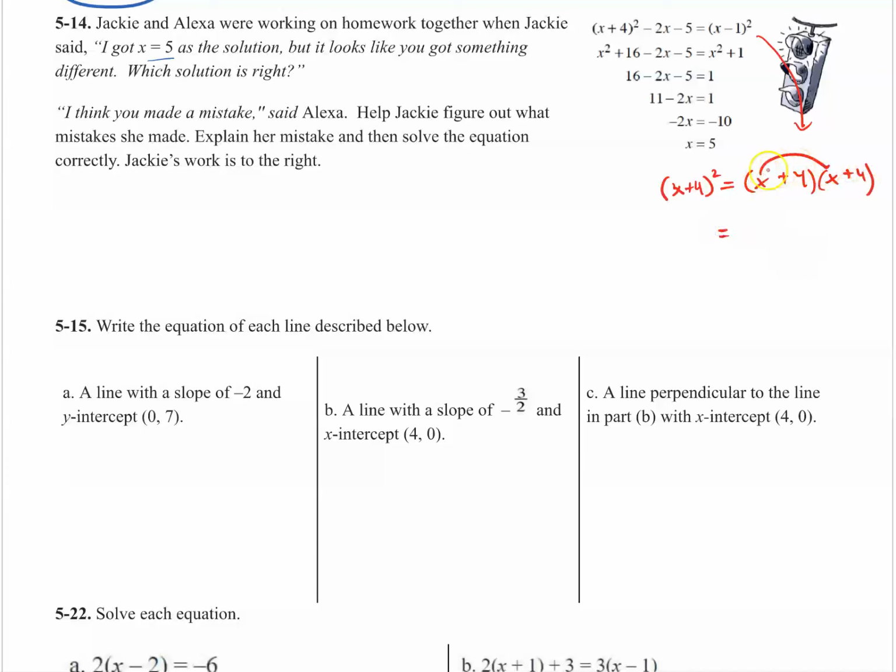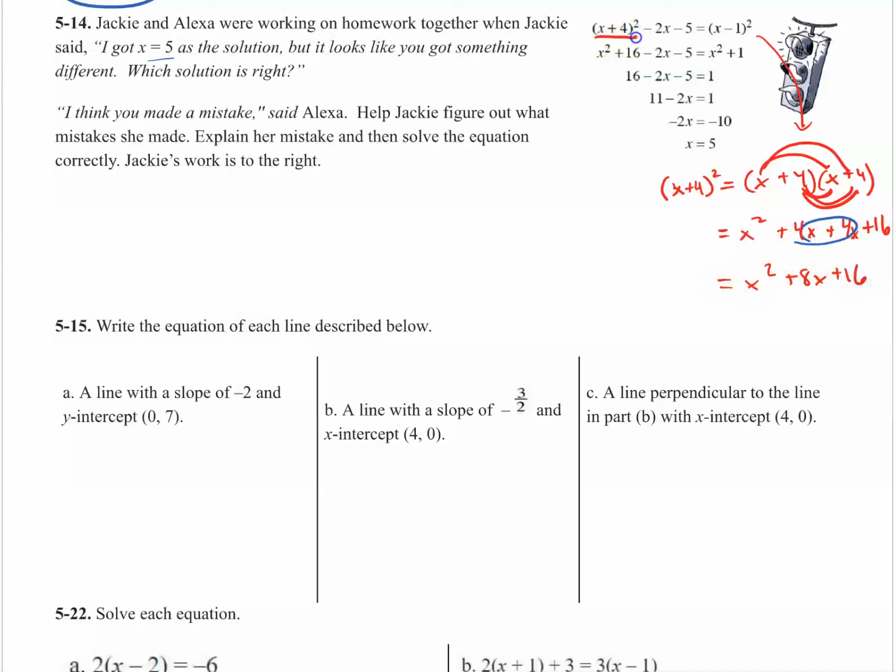So that's going to be, you can also draw the box. x times x is x², x times 4, 4x, 4 times x, 4x, 4 times 4, 16. Then you need to combine like terms to get x² + 8x + 16.